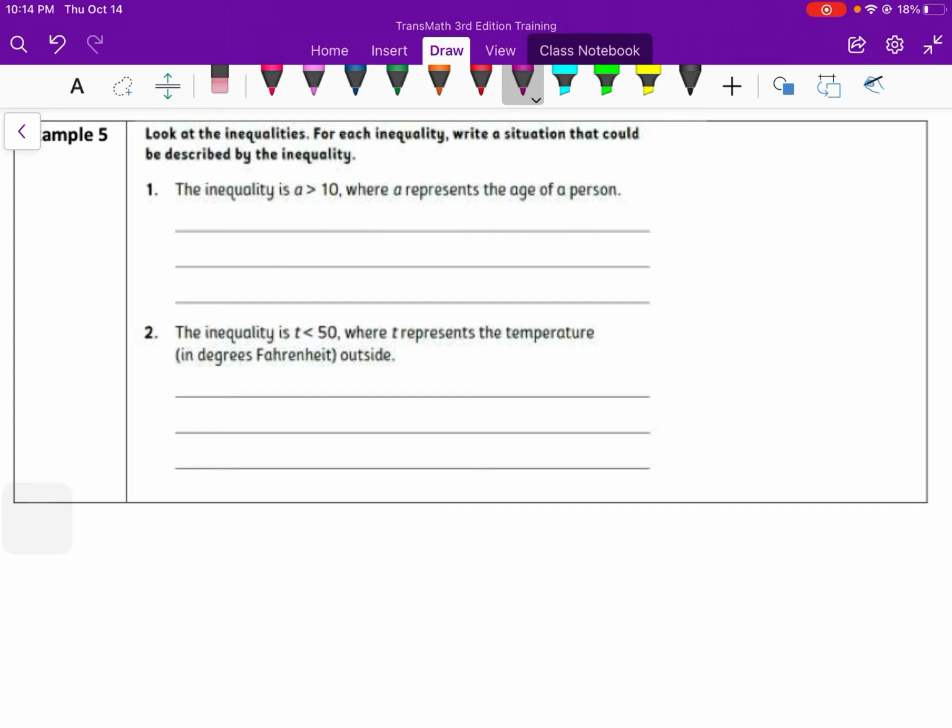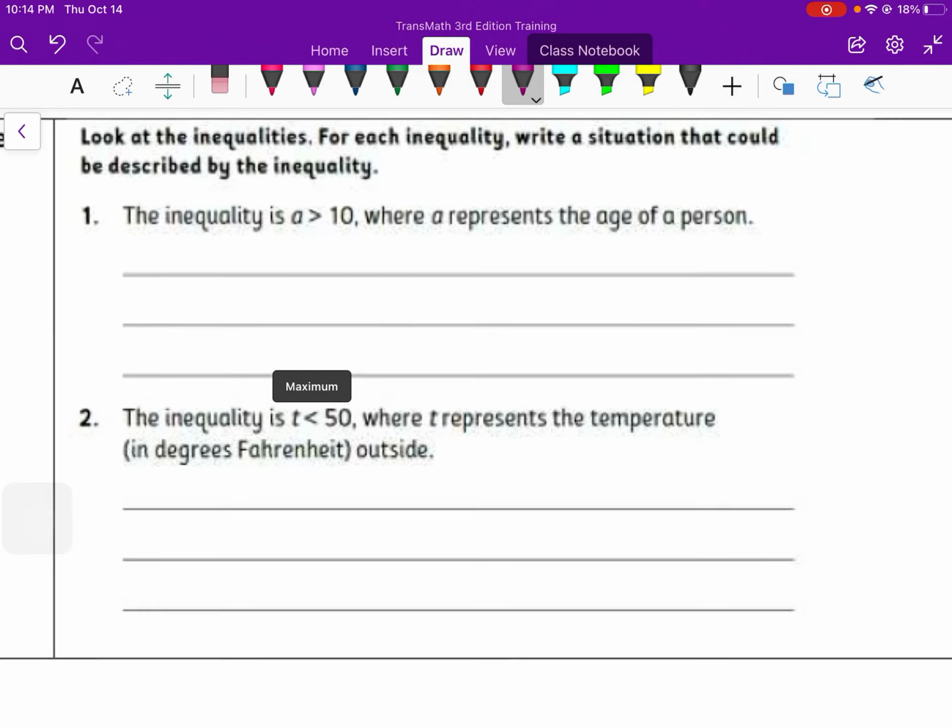Look at the inequalities, and for each inequality, write a statement that could be described by the inequality. The inequality is A greater than 10, where A represents the age of the person.